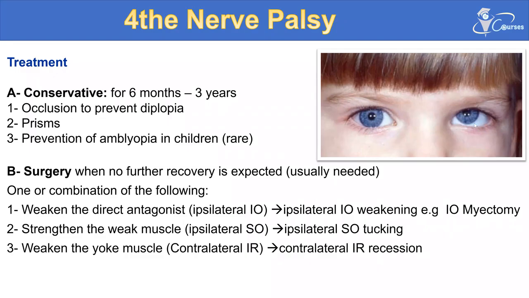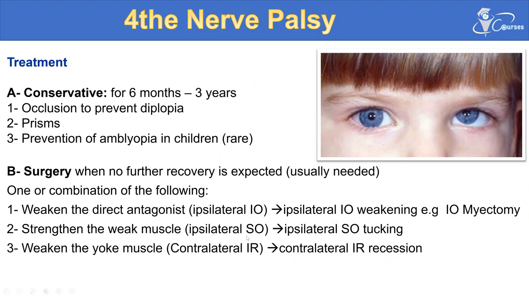For example, if the patient has hypertropia of the left eye, we can weaken the inferior rectus of the right eye, so we do a contralateral inferior rectus recession. Okay, so these are the different procedures that can be done for patients with fourth nerve palsy.